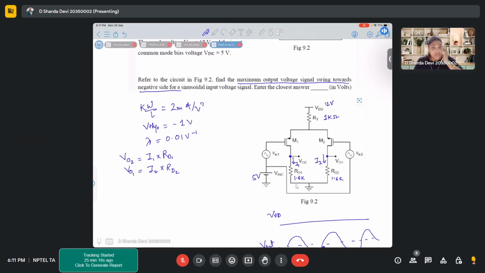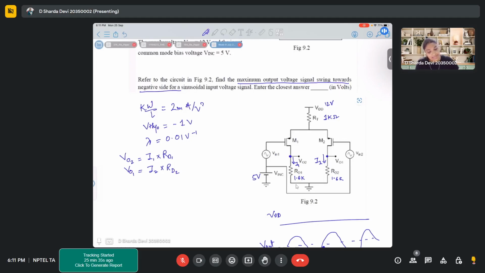Yes. So now we know that if we find the currents, we know the resistance, so current into resistance will give us the voltage. Correct? So how to find this current?